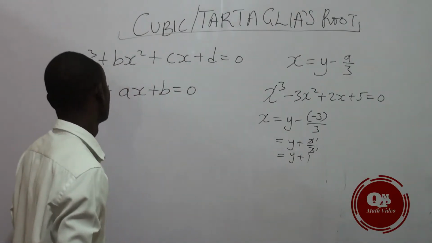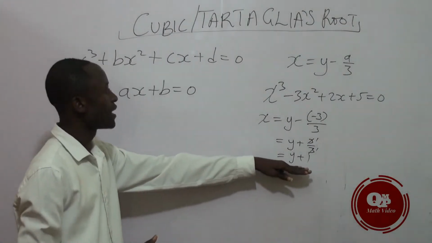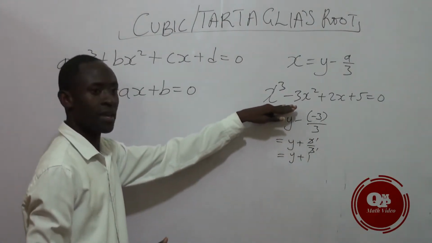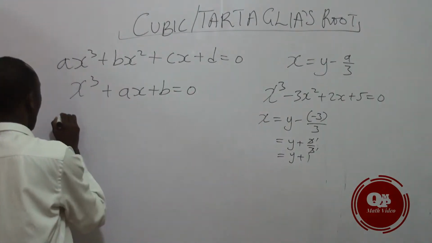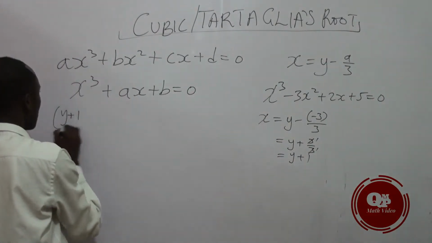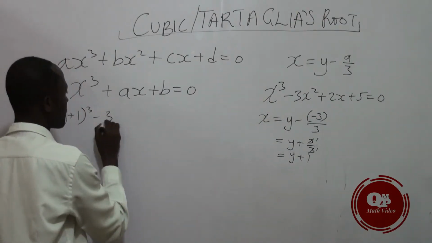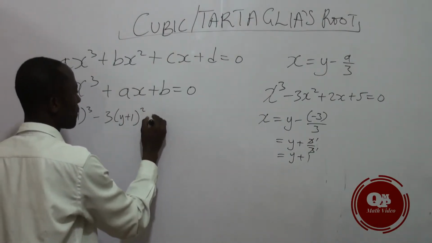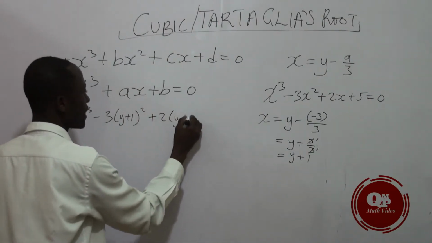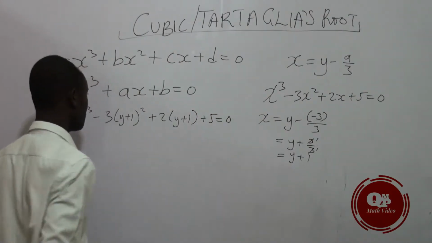We then substitute this y plus 1 into the example. So now we have y plus 1 all cubed minus 3 times y plus 1 squared plus 2 times y plus 1 then plus 5 is equal to 0.